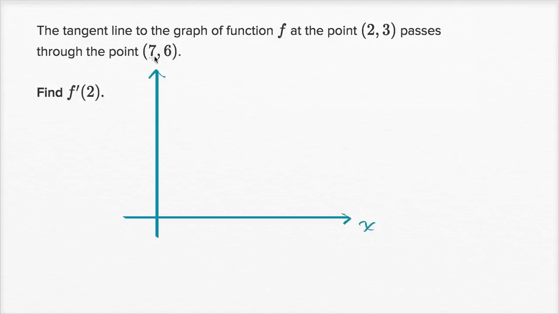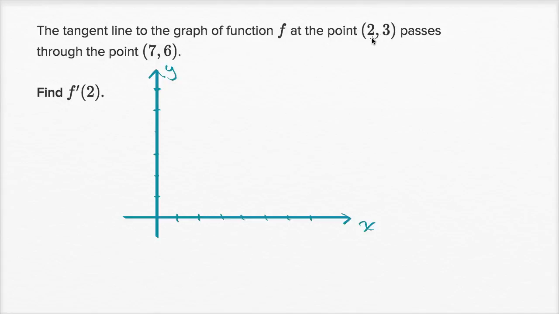So let me draw the information that they are giving us. That's the x-axis, that is the y-axis. The relevant points here are (2, 3) and (7, 6). So let me go 1, 2, 3, 4, 5, 6, 7 along the x-axis, and 1, 2, 3, 4, 5, and 6 along the y-axis.